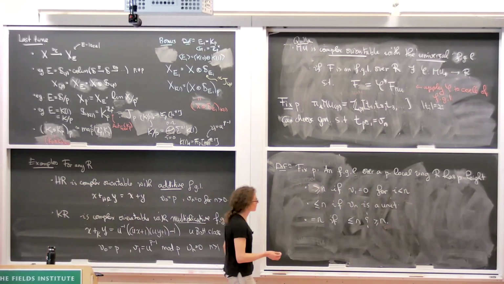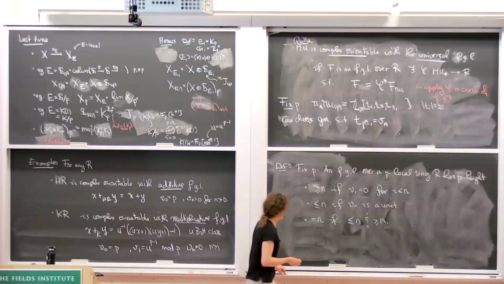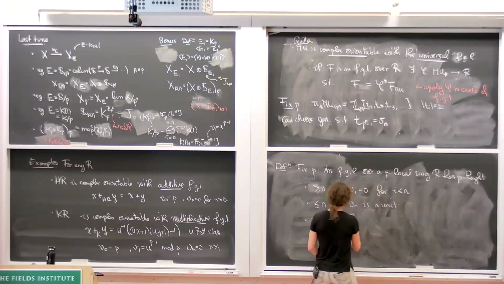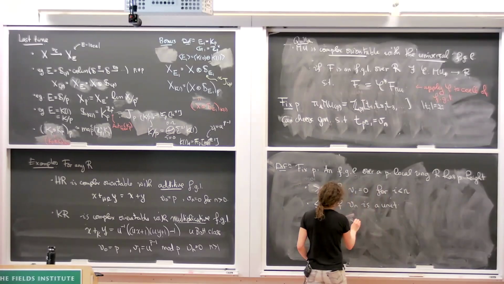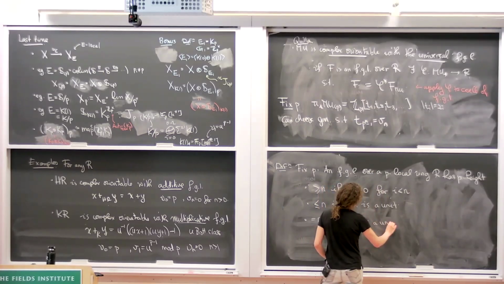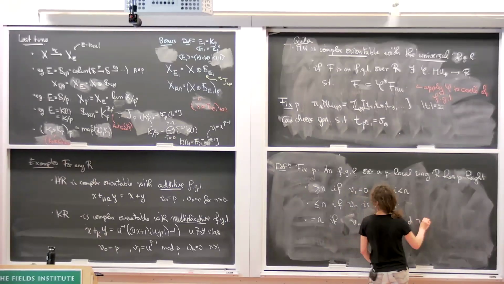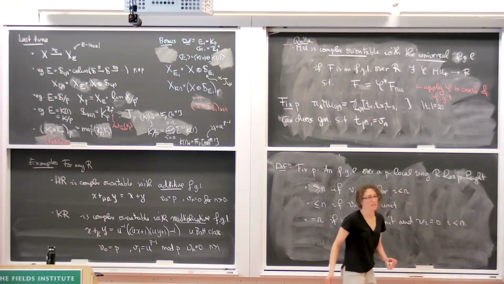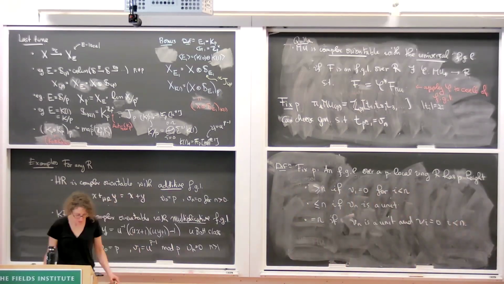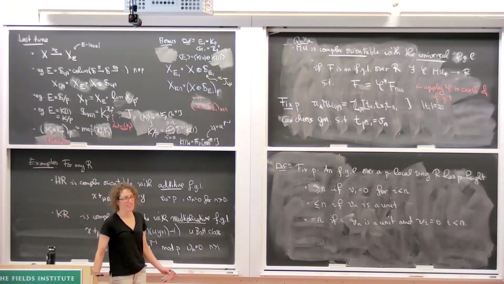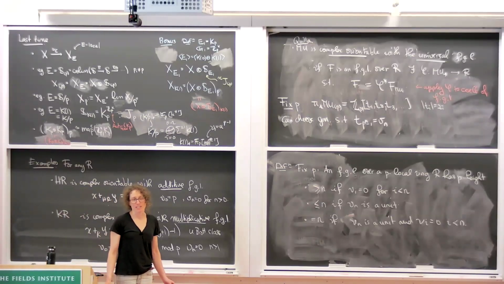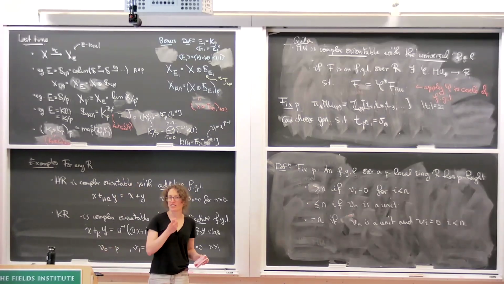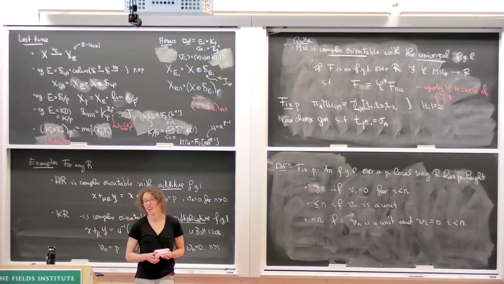So both conditions hold: v_i is 0 for i less than n, and v_n is a unit. This feels a little weird if you think about it in terms of ordering, but these conditions are mirroring not so much an ordering as conditions for open and closed subsets of some stack.